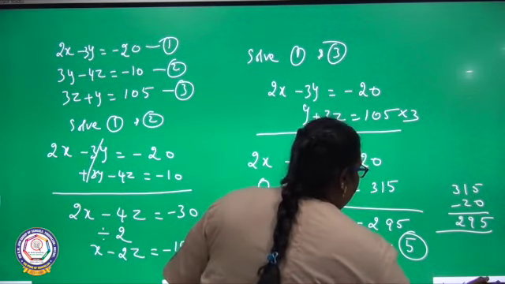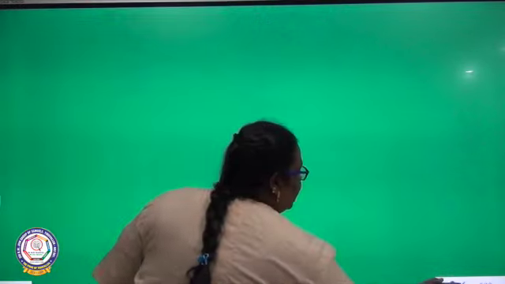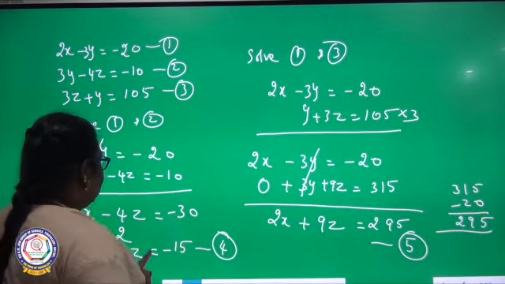Then write down the fourth equation. What is the fourth equation? x minus 2z equal to minus 15.